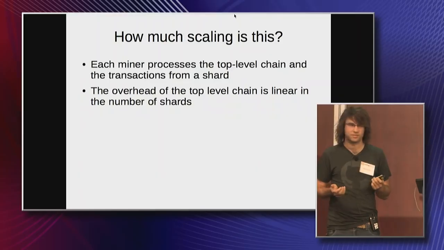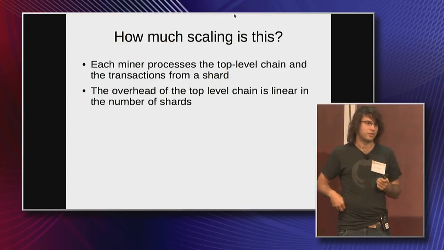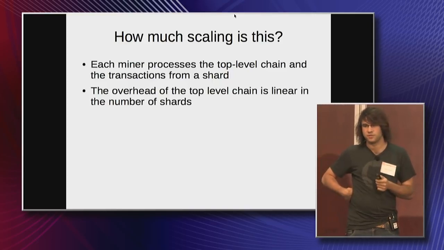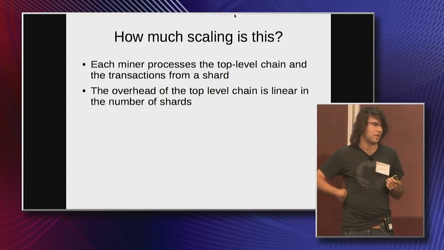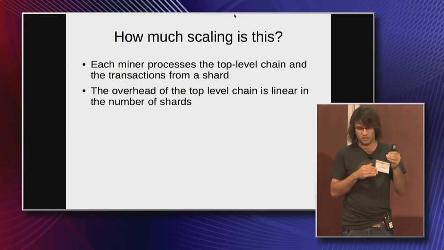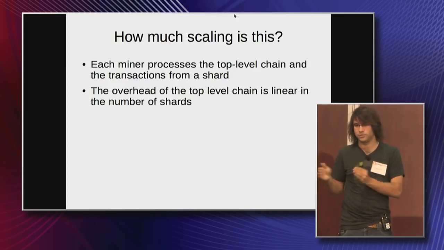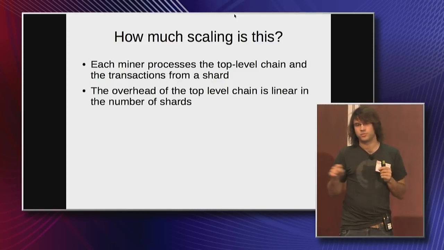So the question is, okay, how much does this actually give us? And hopefully you're kind of convinced that it's secure from a Byzantine fault tolerance analysis point of view. So we have this top level chain, and the more overhead we add there, the more shards we can add. So the number of shards is linear in the overhead of the top level chain.